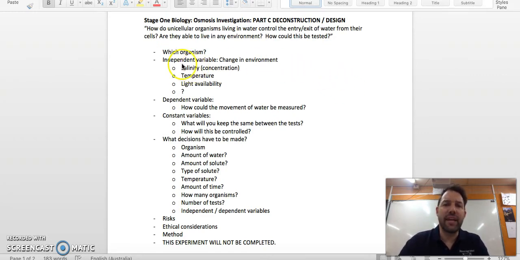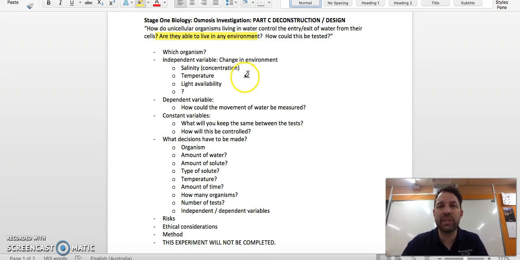There's a number of independent variables that you could choose for this experiment. That's the things that you test. I focused on the, are they able to live in any environment? So thinking about what environmental conditions could I change and could I test?